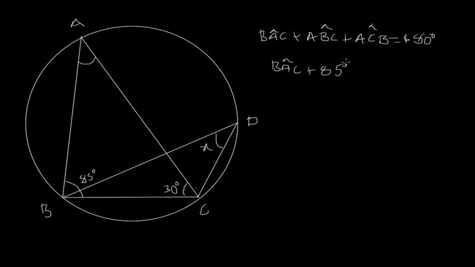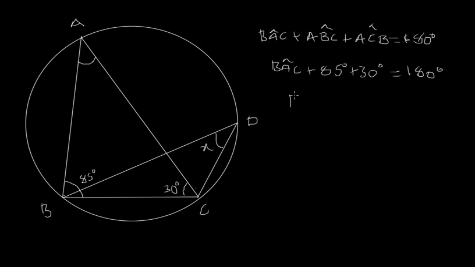ACB is 30 degrees. And this is equal to 180 degrees. Then what do we get when we say 85 plus 30? 85 plus 30 gives us 115.